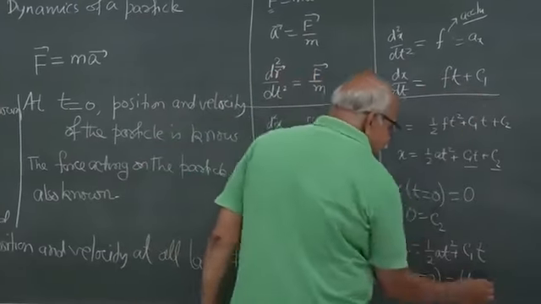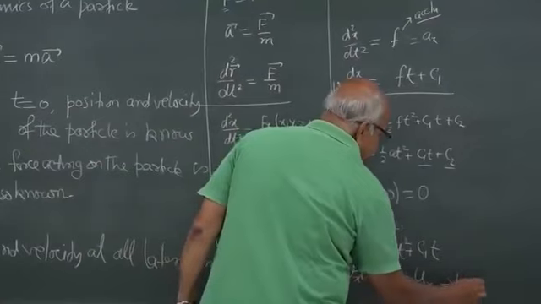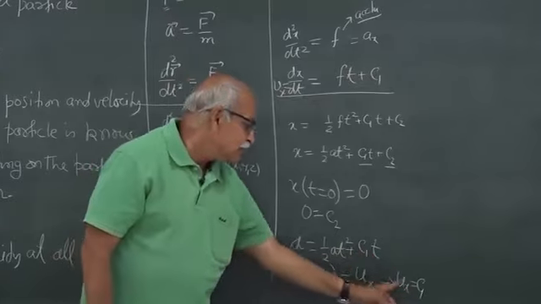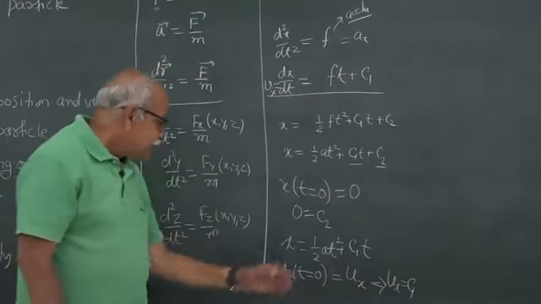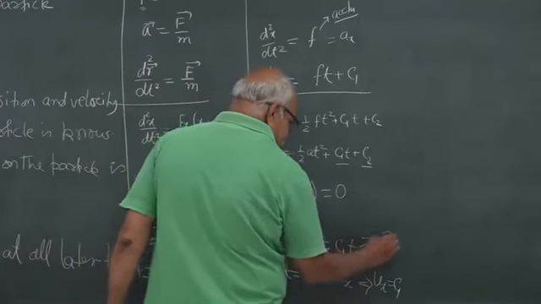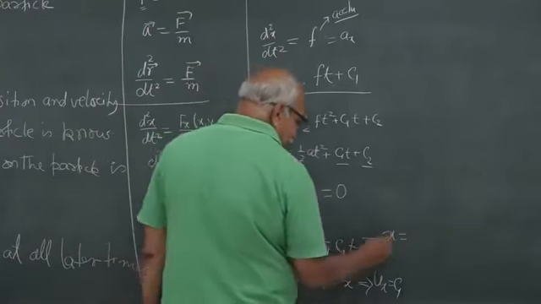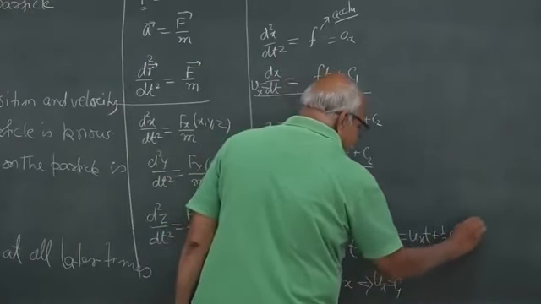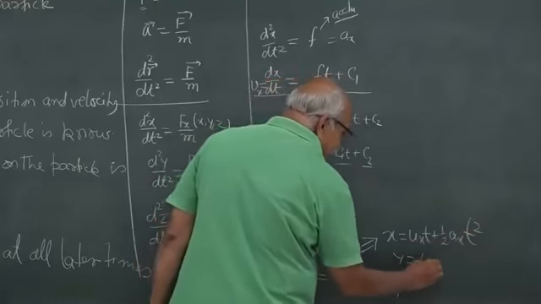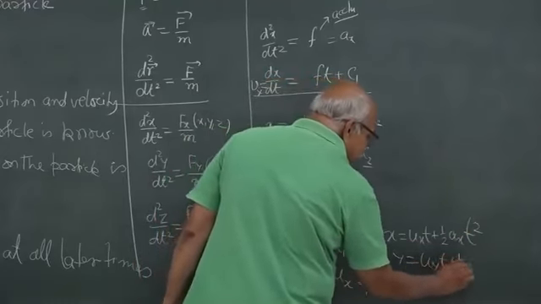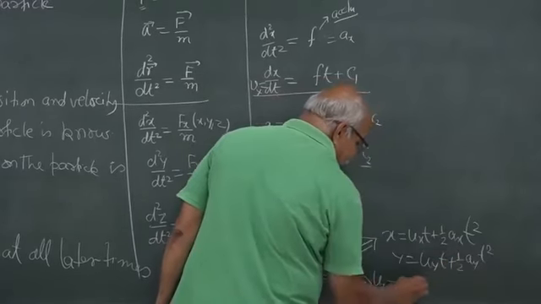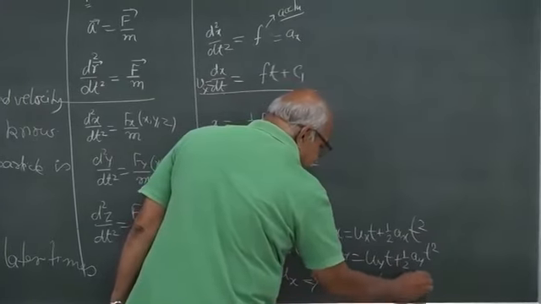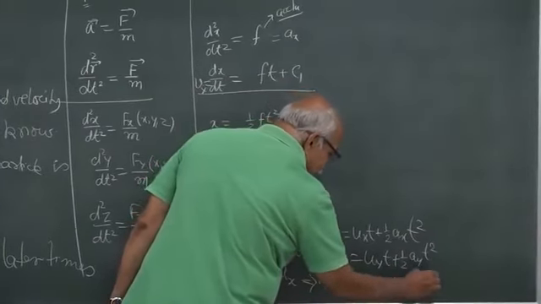So, this c1 is the x component of the velocity at t equal to 0, and you put it here and you get your very well known equation, x is equal to uxt plus half axt square, and same is the story for y and z components. So, uyt plus half ayt square, and z is equal to uzt plus half azt square.